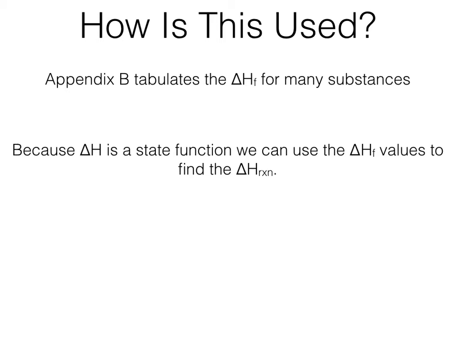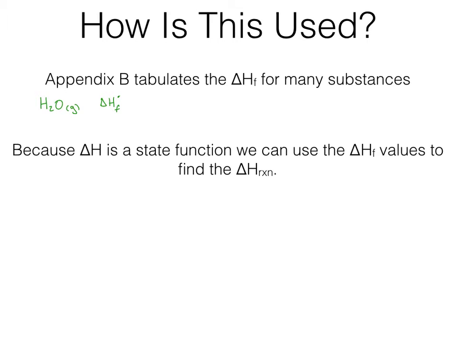The enthalpy of formation for molecules is tabulated in Appendix B in your book. In this table, the molecule is listed, and then it has a delta HF standard value.